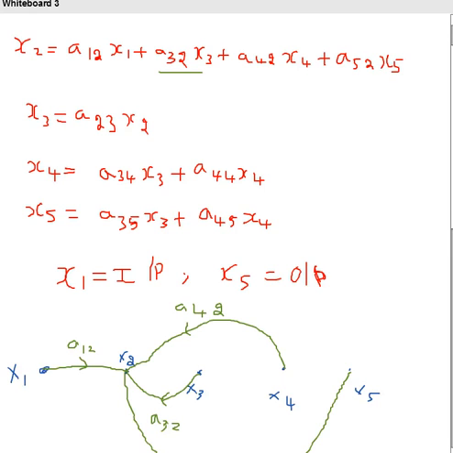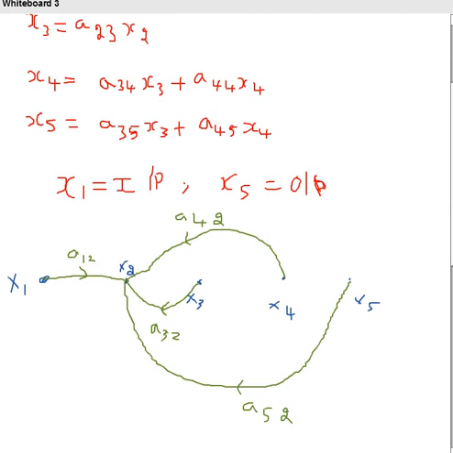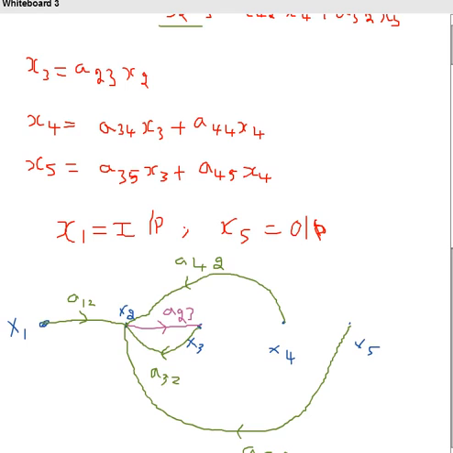So come to the second equation. x3 is equal to a23 x2. So the second equation is over. Come to the third equation, x4 is equal to a34 x3. From x3 the gain is a34.